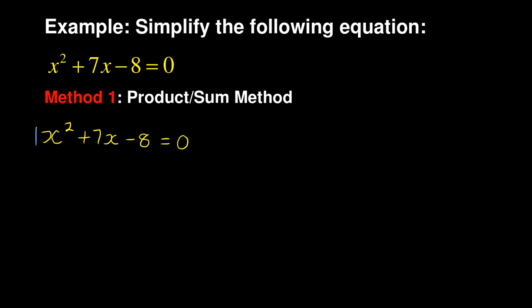With my product sum method, I take this part together with the sign, and I multiply them to give me my product. So my product is equal to 1x squared times minus 8, which gives minus 8x squared.